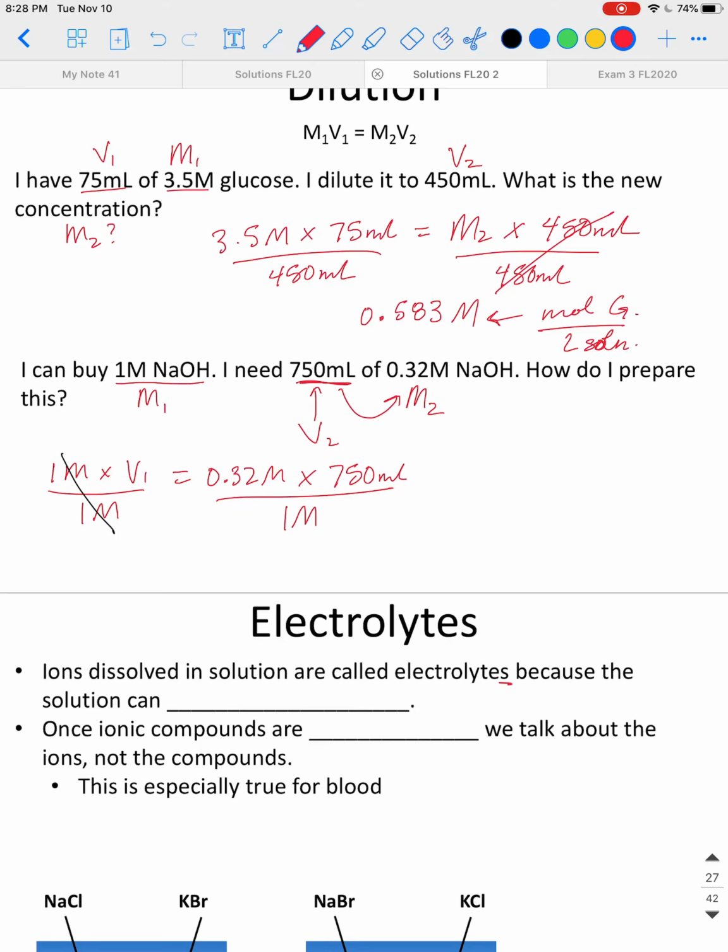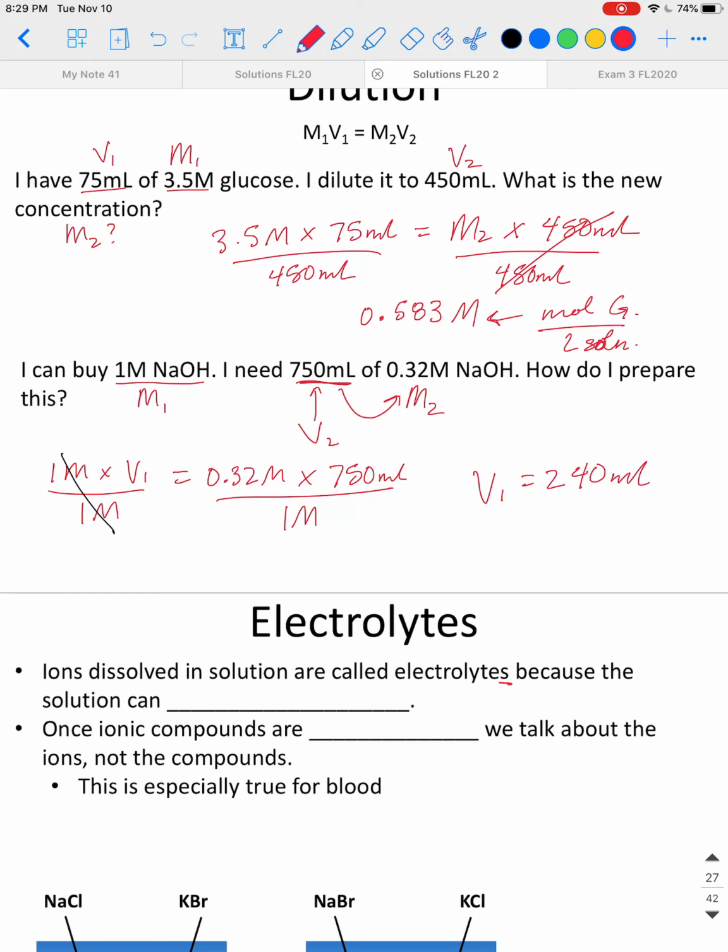And our problem becomes V1 equals 0.32 times 750 divided by 1. 0.32 times 750. And I got V1 is 240 milliliters. So how do you prepare this? You would say you take 240 milliliters of your stock solution, and you dilute it to 750 milliliters. Okay.